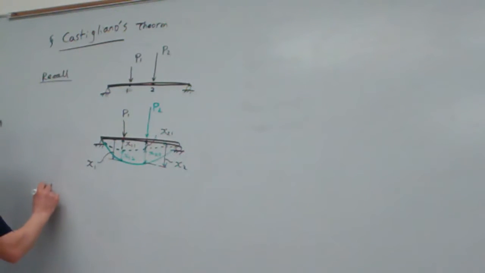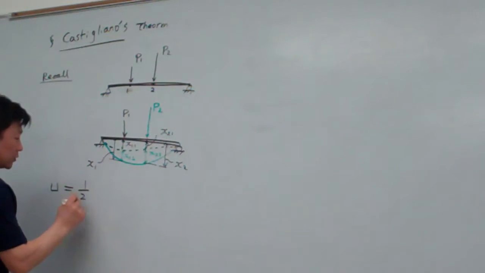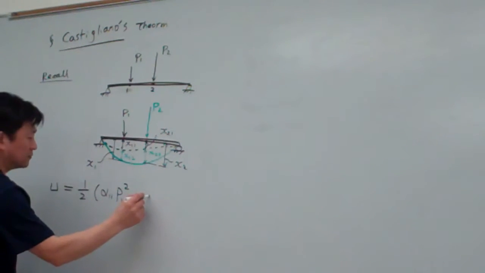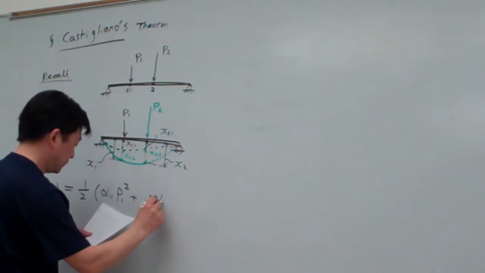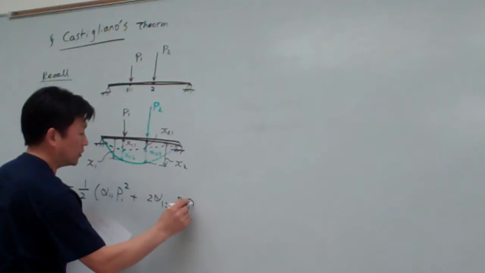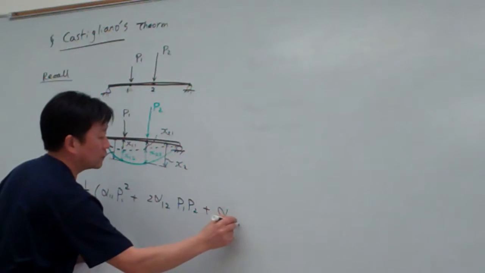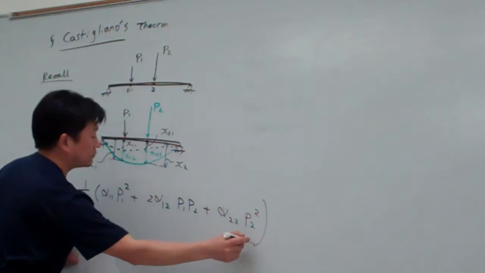So last time we learned the total strain energy upon those scenarios will be equal to alpha 11 P1 squared plus 2 alpha 12 P1 P2 plus alpha 22 P2 squared.